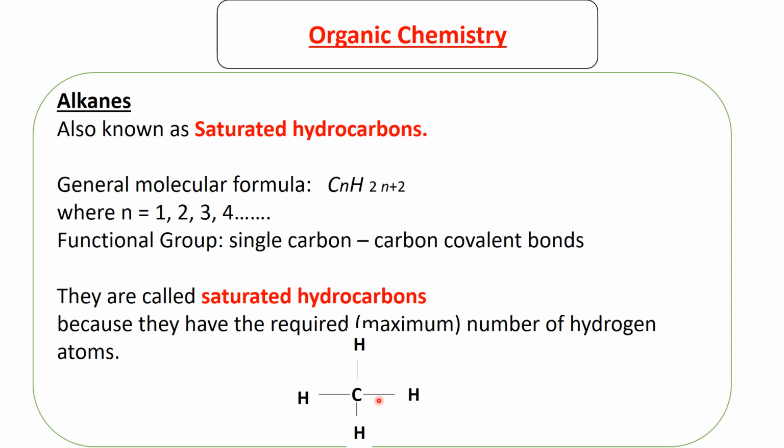It can also happen that we have another carbon atom here, such that this carbon is connected to this carbon and to this carbon, but the remaining 2 are going to have hydrogen. So it's all about having the maximum possible number of hydrogen atoms around carbon atoms. That's what it means by saturated hydrocarbons. So they all end with the suffix -ane.